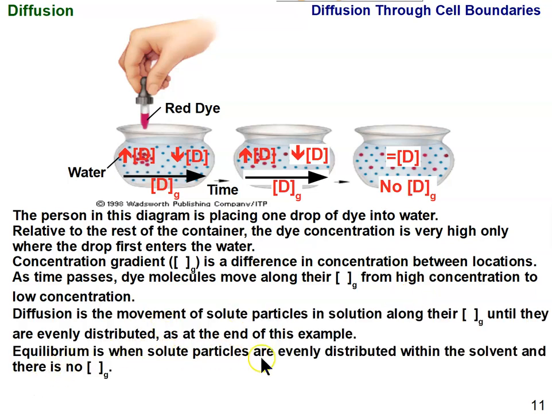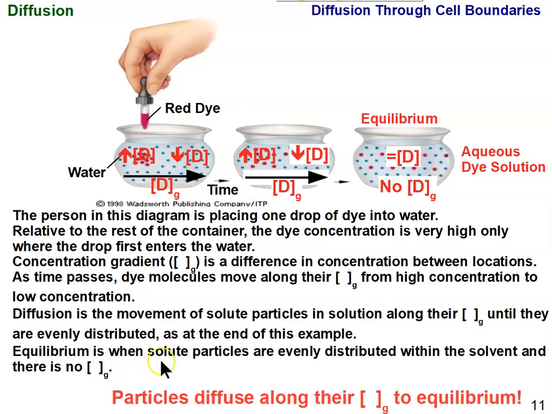Equilibrium is when the solute particles are evenly distributed within the solvent, and there's no concentration gradient. So what we have here, once we reach equilibrium, is an aqueous dye solution. It's an aqueous solution of dye particles or dye molecules that have evenly distributed themselves. So the bottom line is that particles diffuse along their concentration gradient to equilibrium.